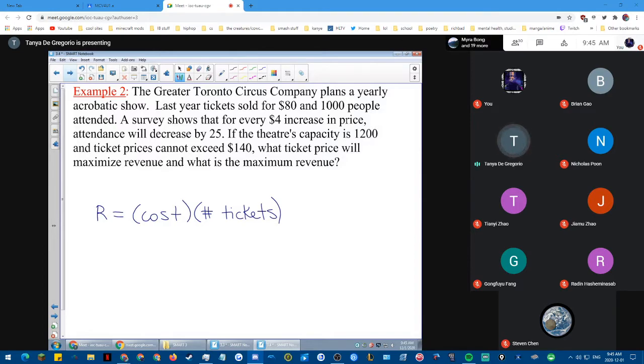We're trying to find out what the ticket price should be. So I'm going to introduce a variable x, and I'm going to say let x represent... And what am I going to let x represent? I want you guys to go back. We've all done this in grade 10, grade 11. Number of $4 increases. Yes, excellent. x is going to represent how many times we increase the price by $4.